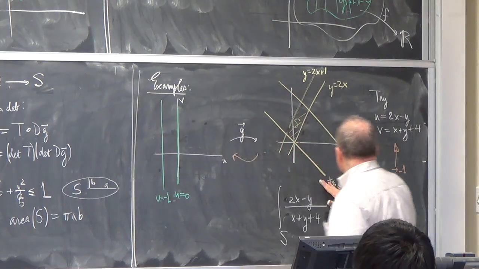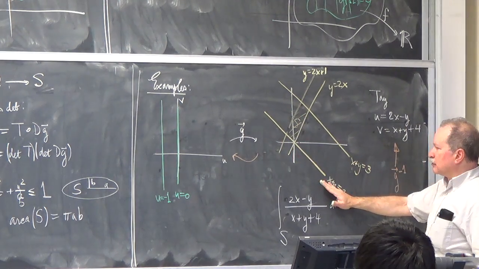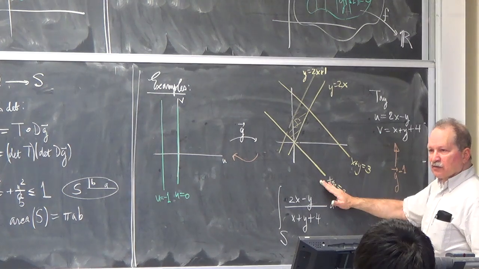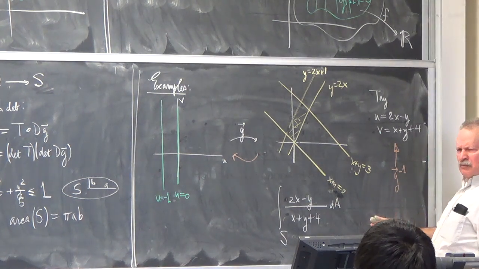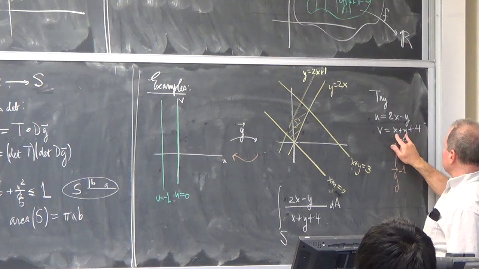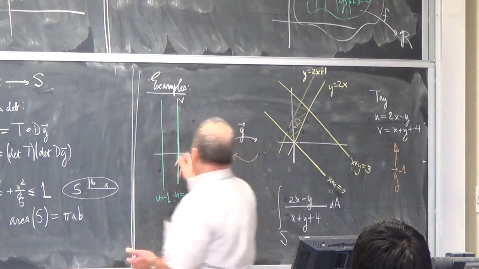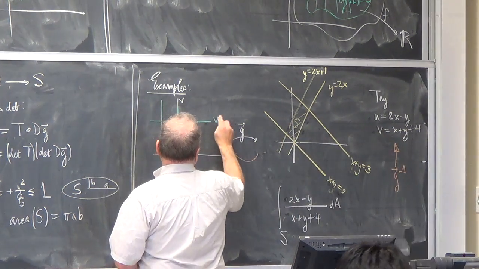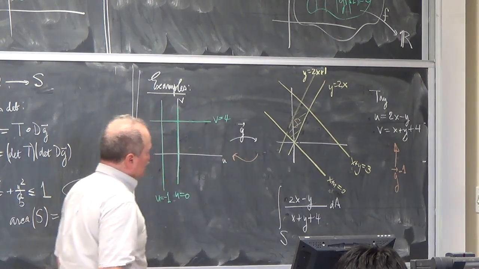What about x plus y equals 0? V equals 4, right? If x plus y is 0, v is 4. And what about x plus y equals 3?